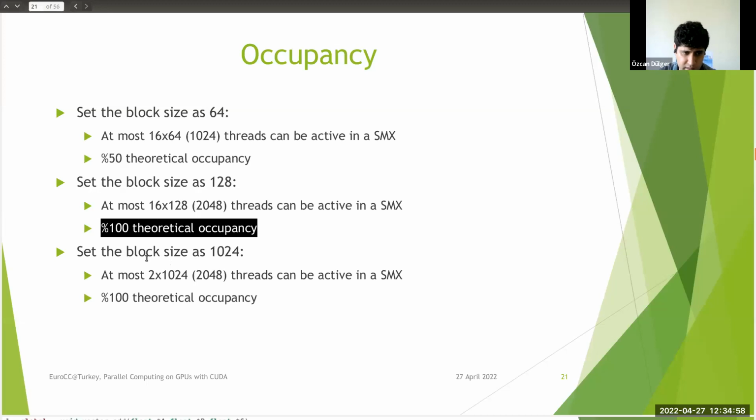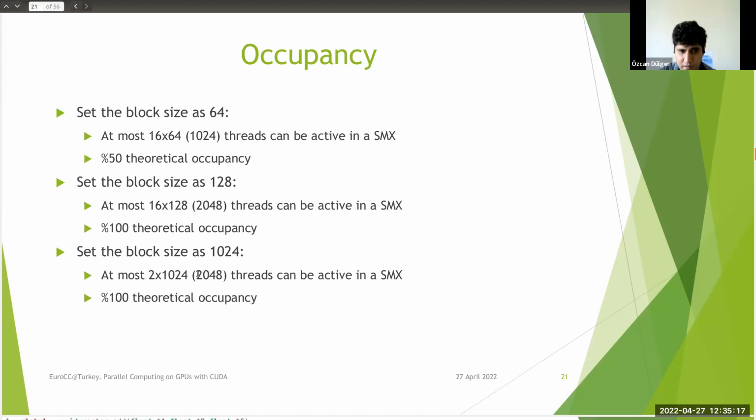And similarly, if you set the block size to 1024, since at most 2048 threads can be active in an SMX, only 2 blocks can be active in this case.